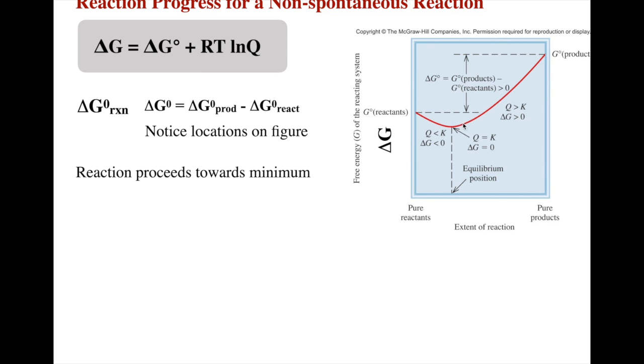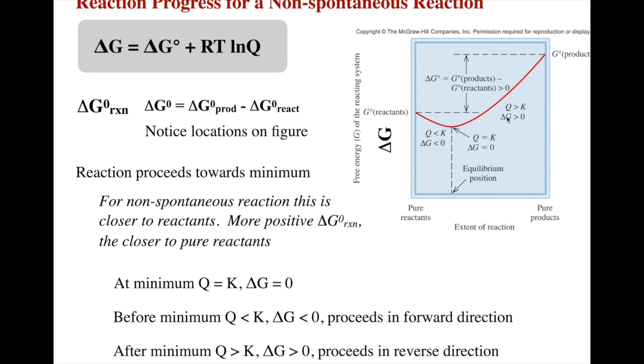And if you proceed beyond this, you leave the equilibrium state and Q is greater than K and delta G gets more and more positive, or more and more non-spontaneous, I should say.